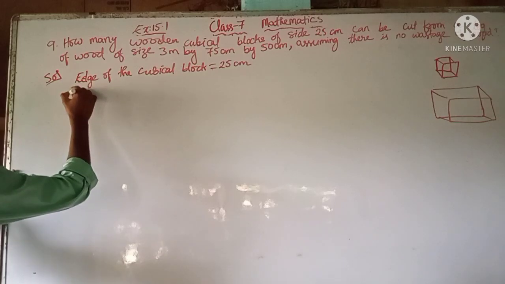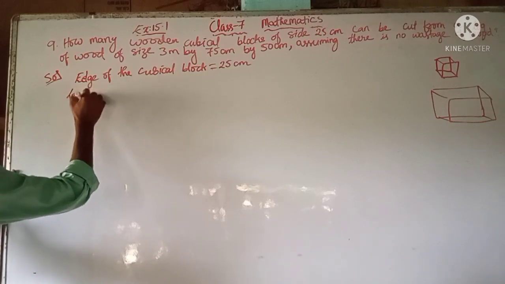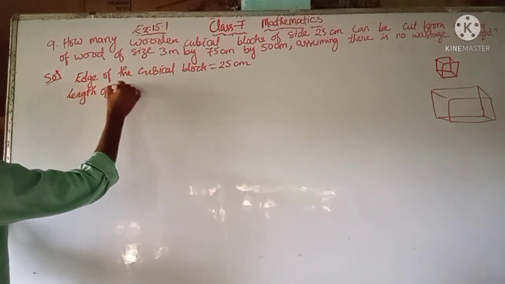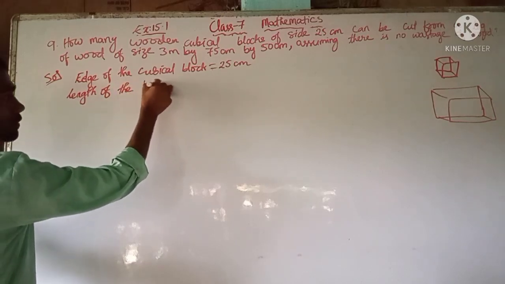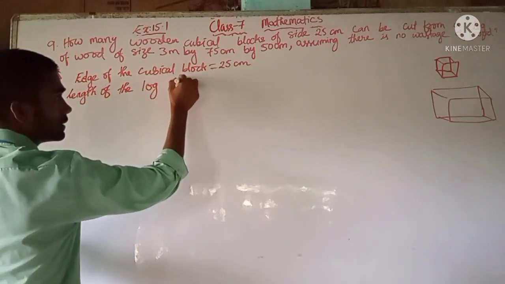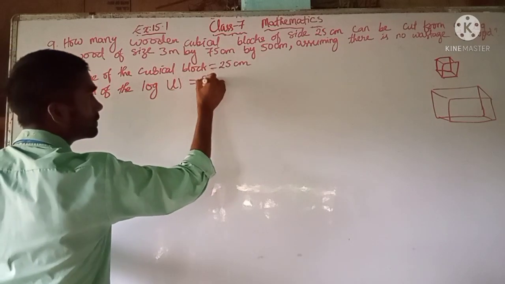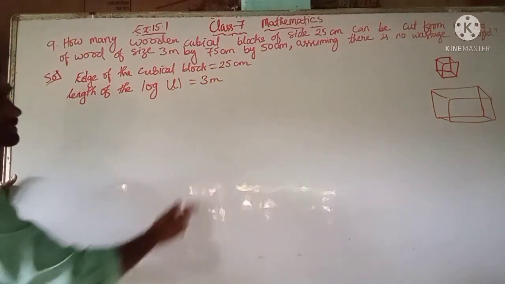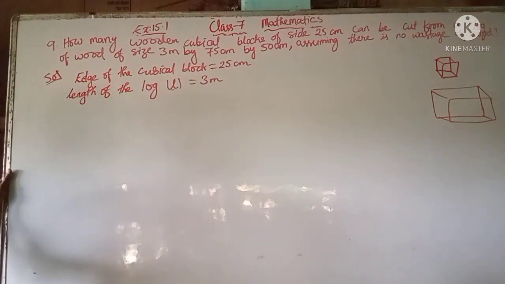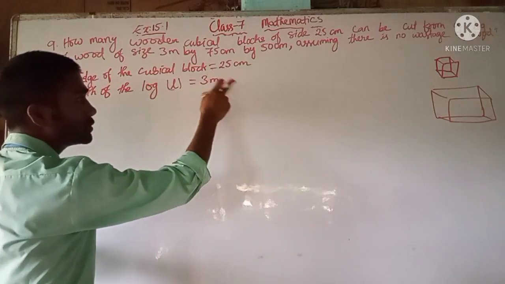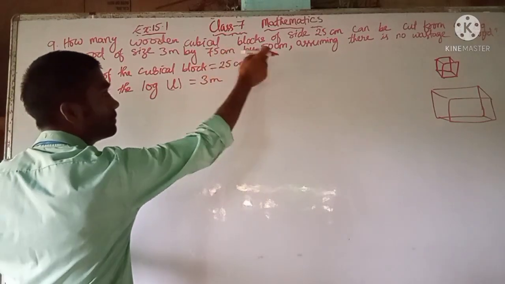So we will write here length of the log L is given, that is 3 meter. Now here we can see that the units used are different. So we will convert this meter into centimeter, that is the same unit.